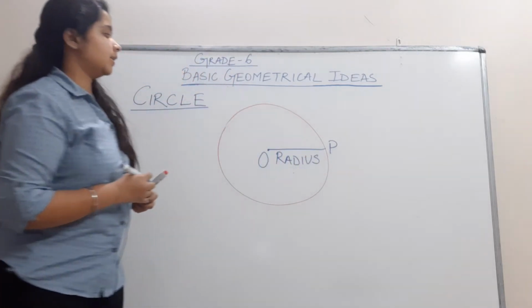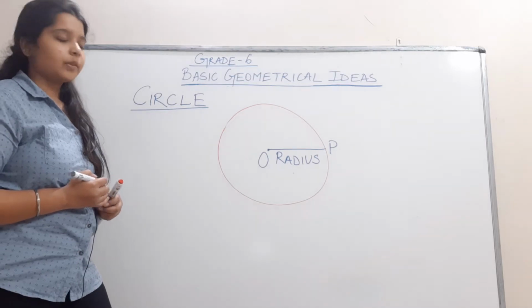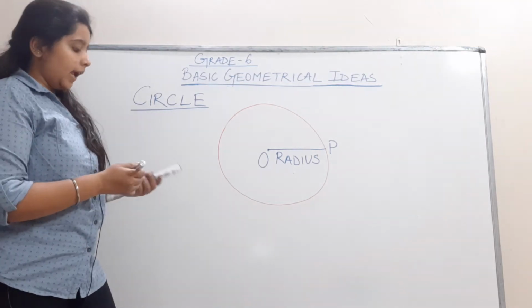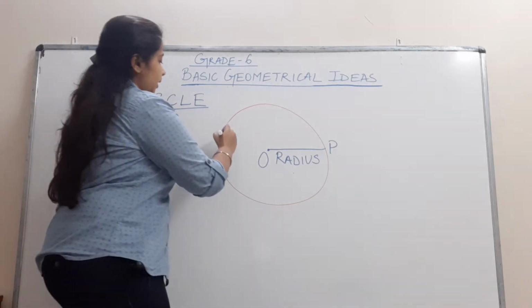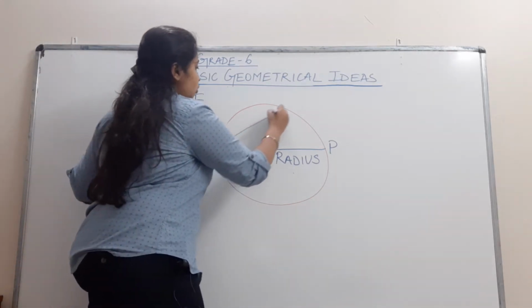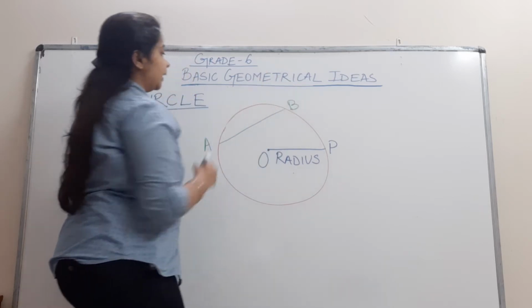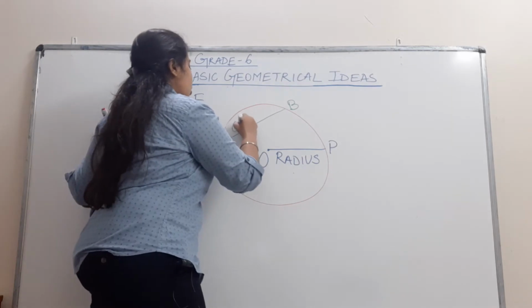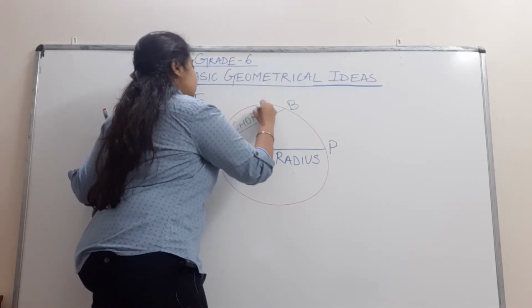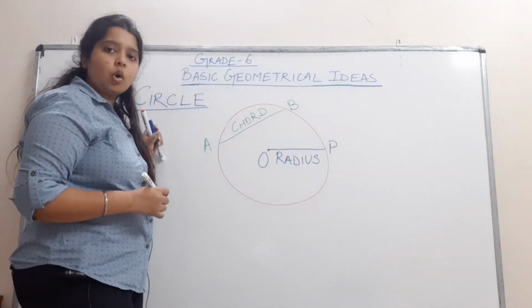Any line segment joining any two points on the circle is known as a chord.